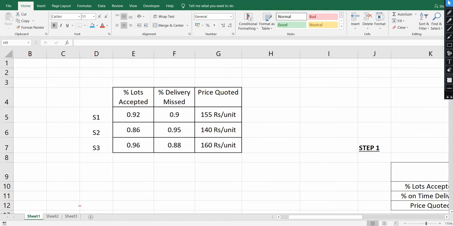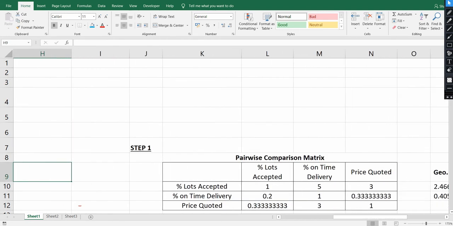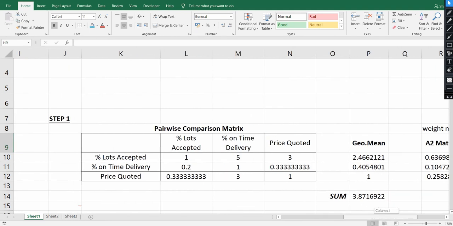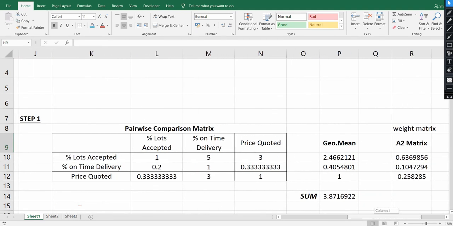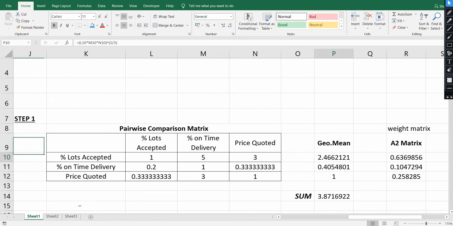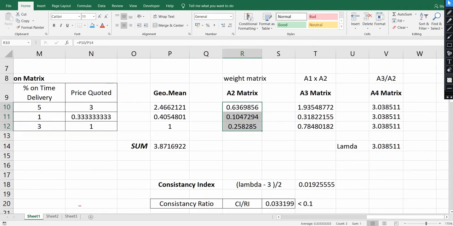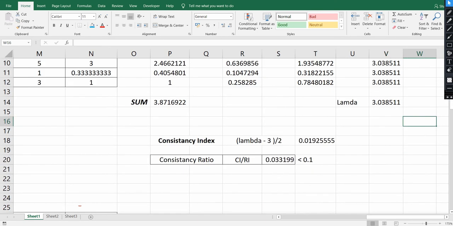So we have already done a video on the AHP methodology. So according to this, we have calculated the geometric mean, right? Then we have calculated the A2 matrix. Then we have calculated the lambda. Okay. And we have also checked the consistency ratio.